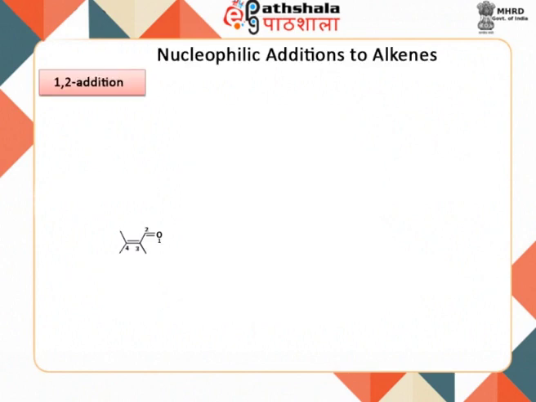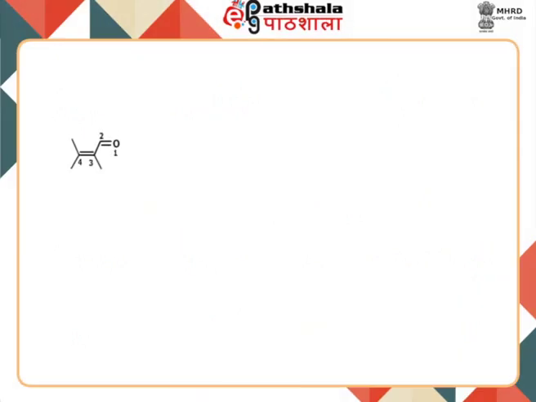For the 1,2 addition, the nucleophile attacks the carbonyl carbon, leading to O- formation, which takes the remaining proton. Notice that the addition of nucleophile and H has happened at relative 1,2 positions and hence is called 1,2 addition. For the 1,4 addition, the nucleophile attacks the beta carbon, resulting in carbanion formation, which after resonance leads to an oxygen anion.